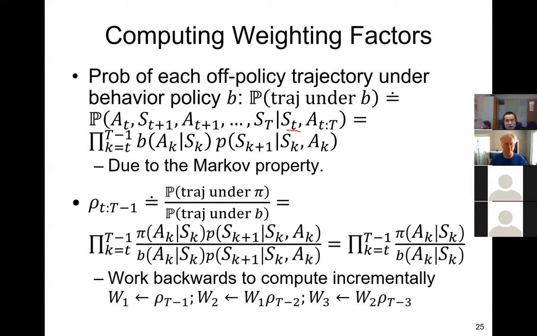By using the Markov property, you can rewrite this term as separate B terms and P terms, denoting the behavior's action selection and the environment's state transition to the next state.